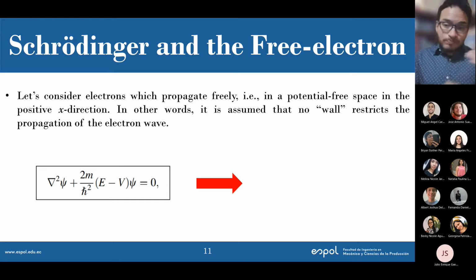And for the purposes of simplicity, let's consider only the 1D case, the one-dimensional case. And so we're just going to consider that it's moving in the x direction, right? If we consider that, guys, remember, this is a simple but very important case.